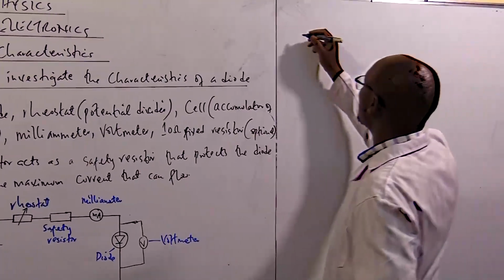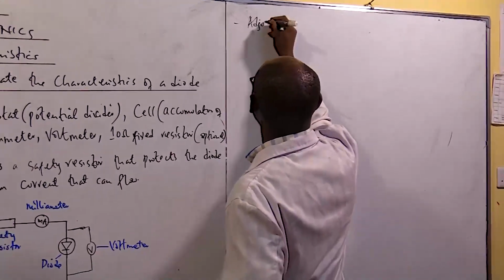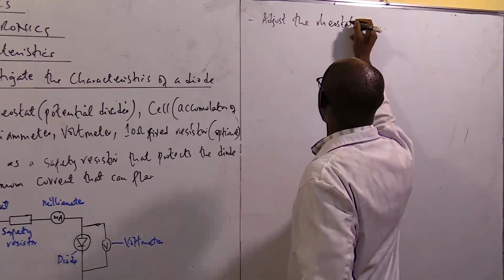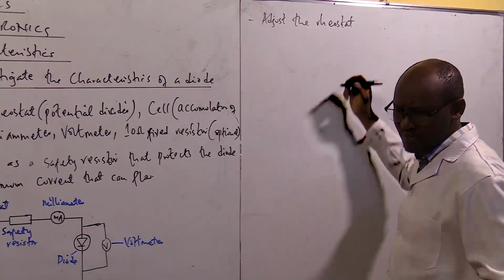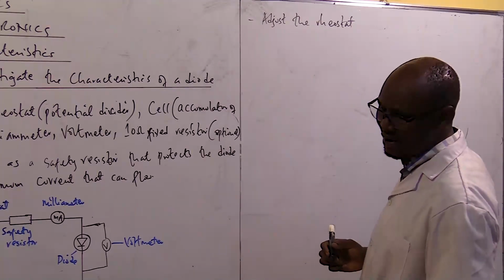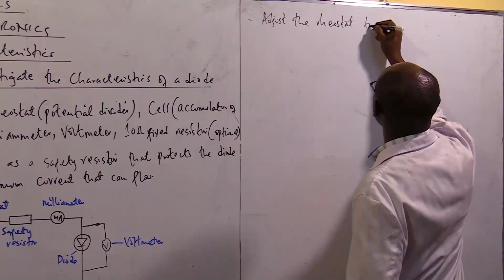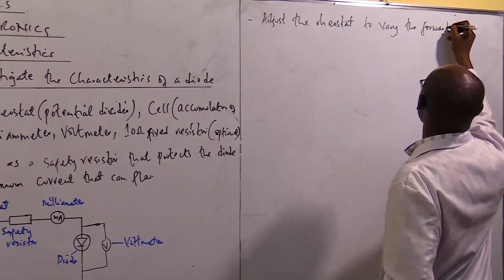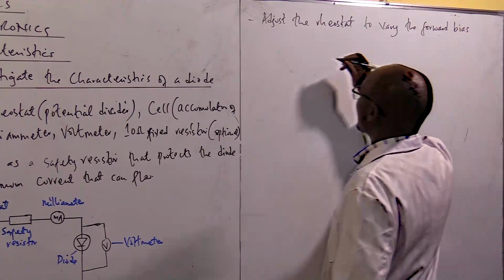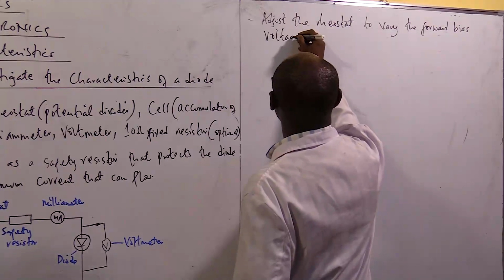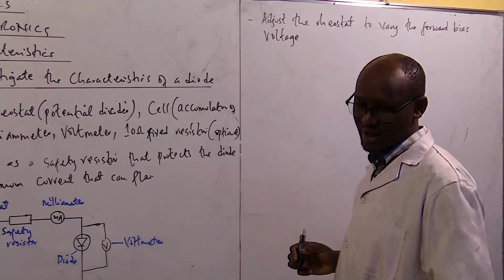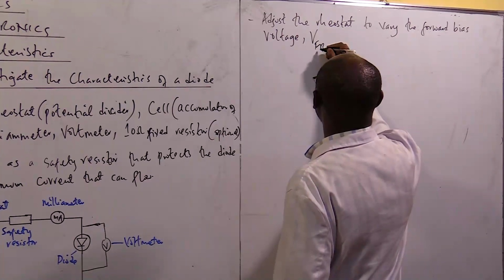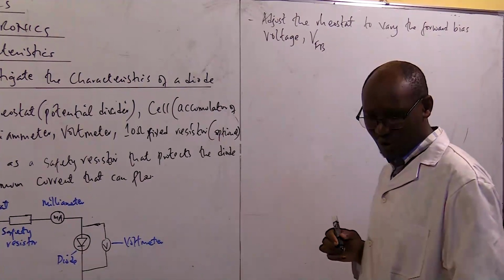So the first thing you're supposed to do is to adjust the rheostat to vary the forward bias voltage, VFB, so that is our forward bias voltage.